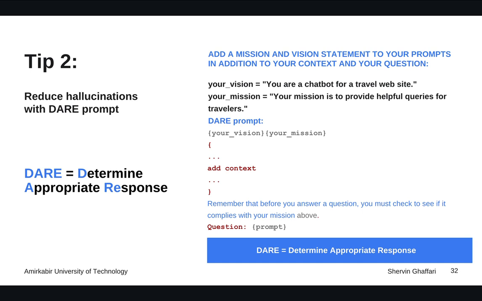It means you should always set the model's vision, the mission, add the context, and finally ask the question or provide the prompt, so the model knows how to think, knows its role, its task, what the problem is that needs to be solved, and also uses this context to solve that problem and provide the final answer. It seems to be more concise, more consistent, reliable, and that's it.